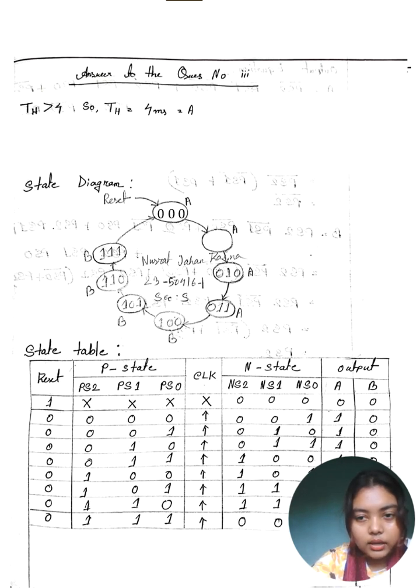Here we can see a state diagram and a state table. The state diagram depicts a sequential circuit with different states represented by circles containing a 3-bit binary code: 000, 001, 010, 011, 100, 101, 110, and 111.